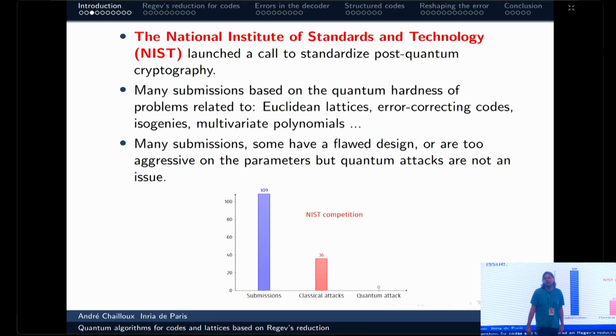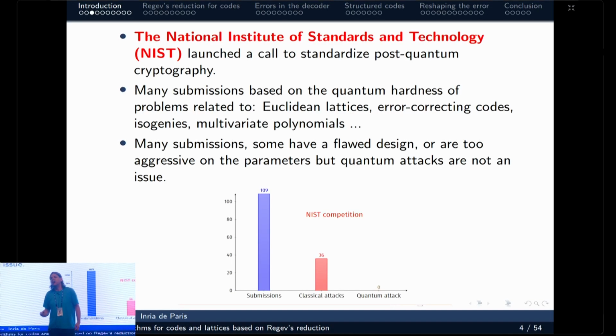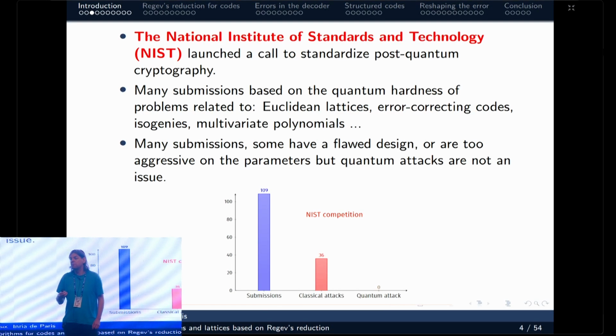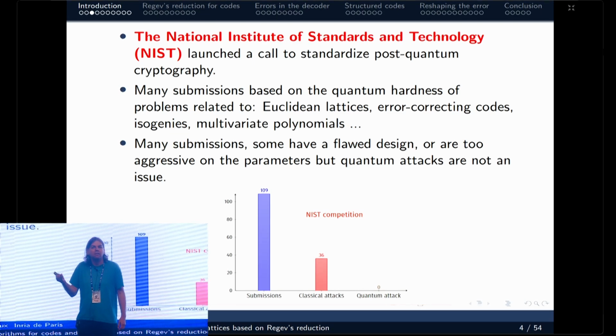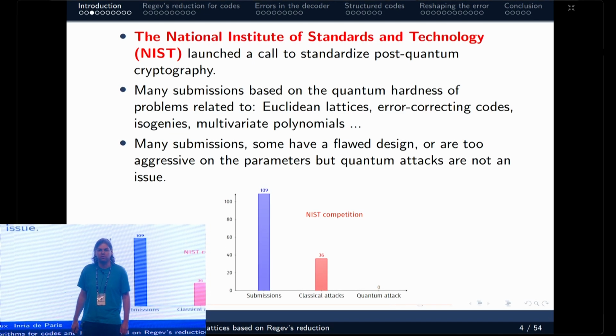NIST launched a call, maybe 8 years ago, I don't remember, to standardize post-quantum cryptography: encryption schemes and signature schemes which rely on computational assumptions that we hope are not broken by quantum computers.